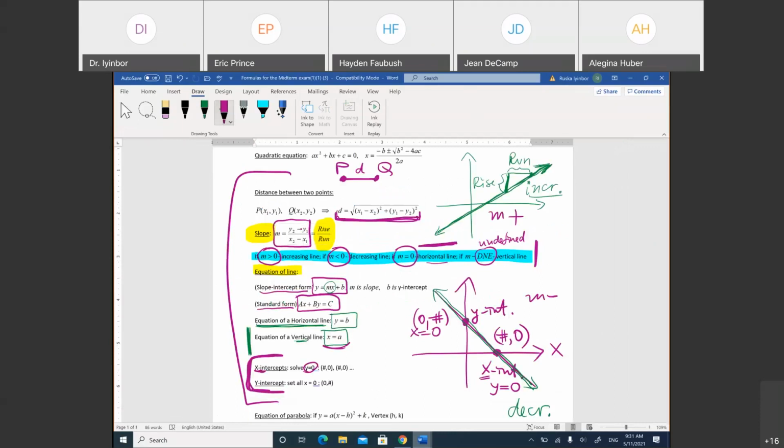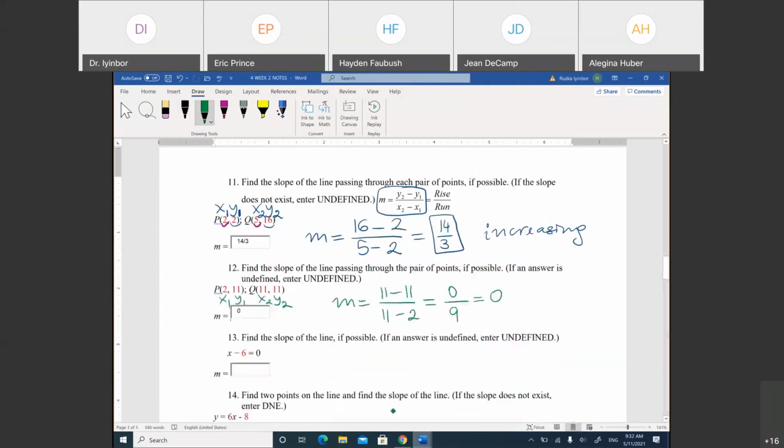And you're going to get slope 0 if you get 0 over any number. 0 over a number is 0. Now, if you get a number over 0, then that's going to be undefined. So if the 0 was in the bottom, when I plug it into the formula, if I get not 0 over 9, if I get 9 over 0, then it's going to be undefined slope.